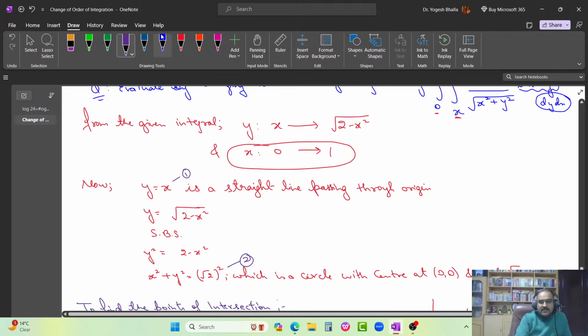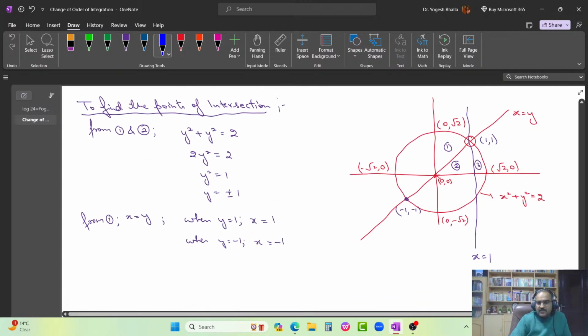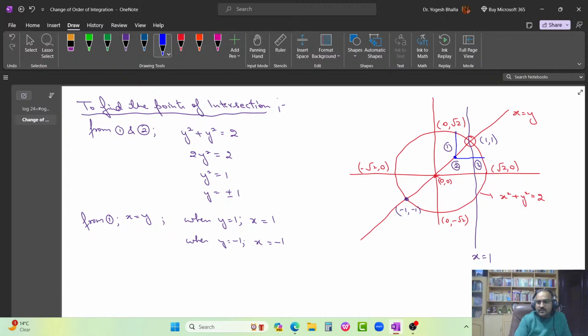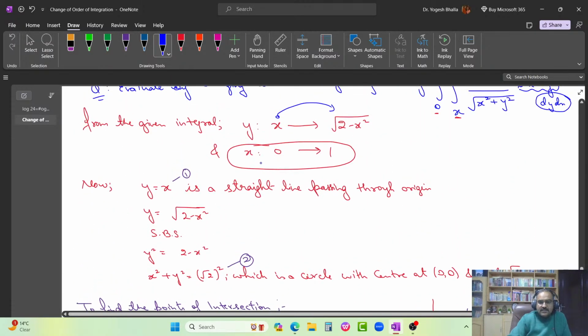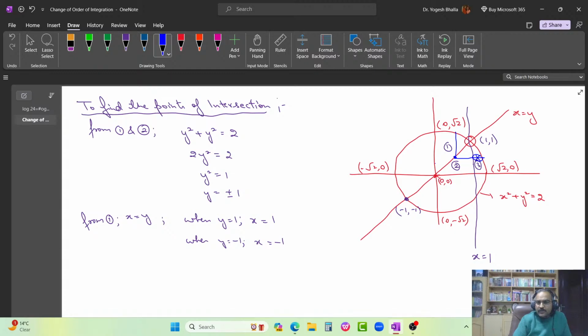Here y is varying from x to this part, that means from the straight line to the circle. Now what are the options? Straight line to the circle, this one, or this one. These are the two options. Now x is varying from 0 to 1, that means this line is extra and is not to be considered. So the only possible case is this one, region 1.